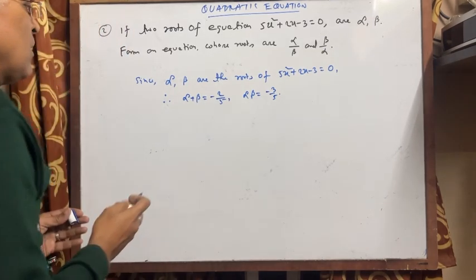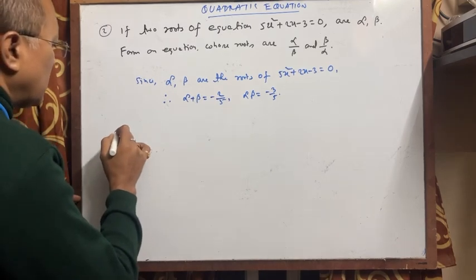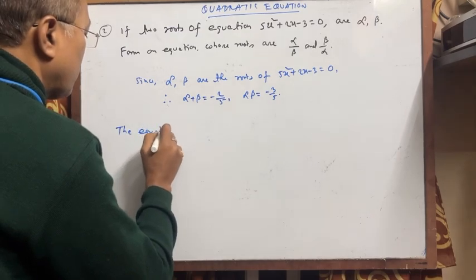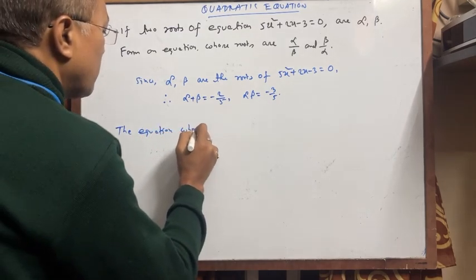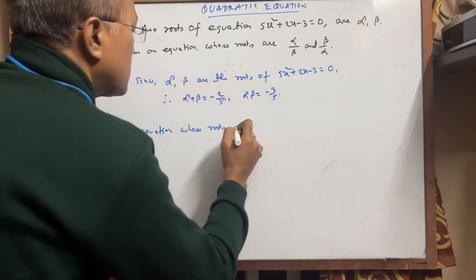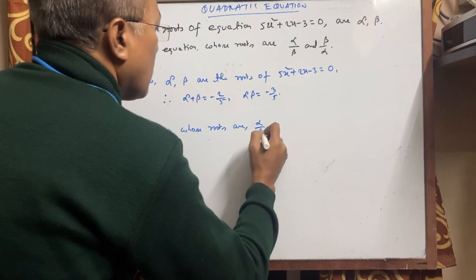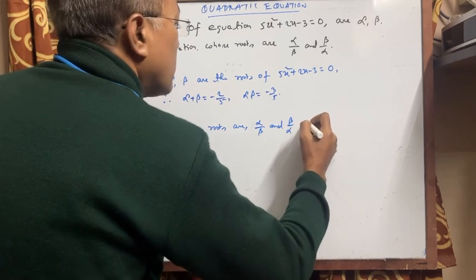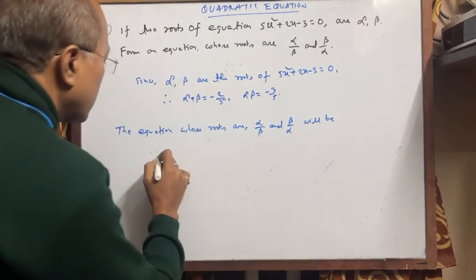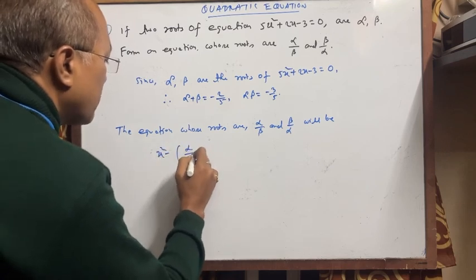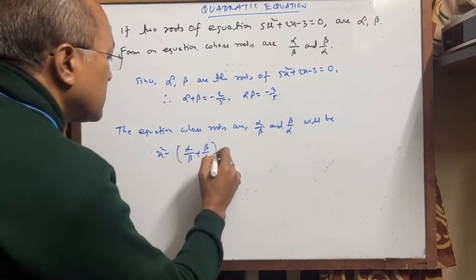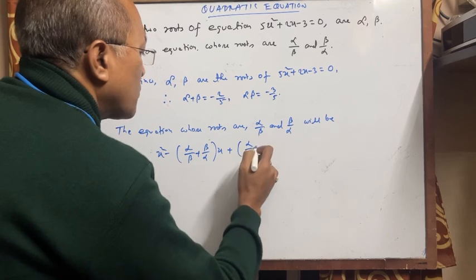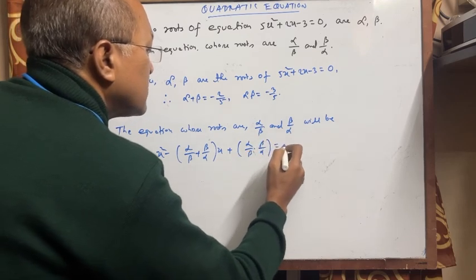Now, the equation whose roots are alpha by beta and beta by alpha will be x square minus sum of two roots into x plus product of two roots is equal to 0.